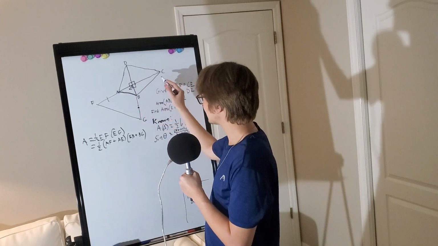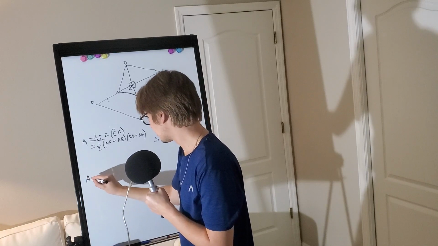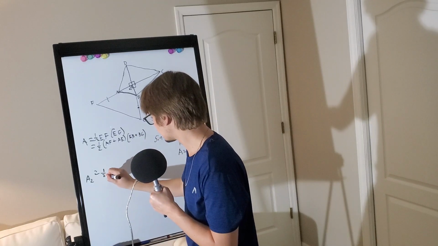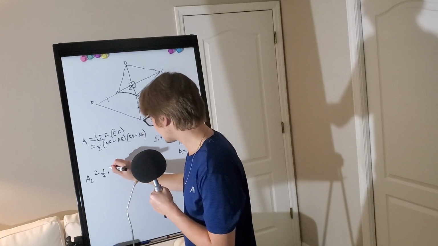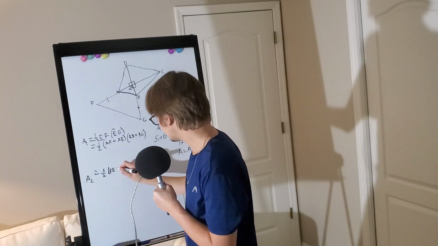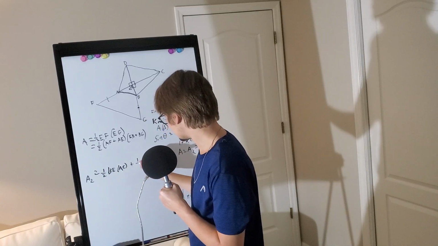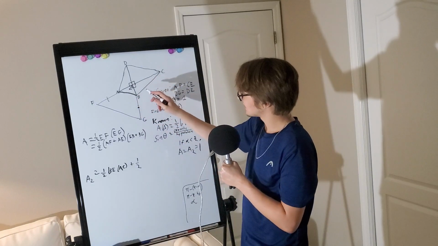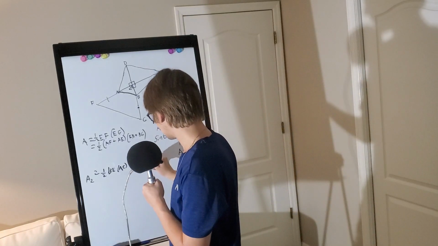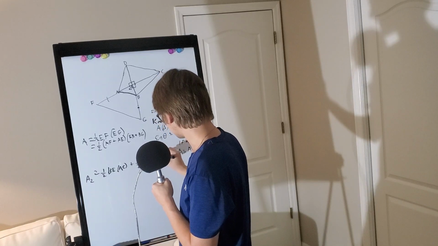So corresponding to base AC in triangle ABC, we have A2 equaling 1/2 BE AC, plus 1/2, and then of course same thing for this triangle, we have 1/2 DE AC.